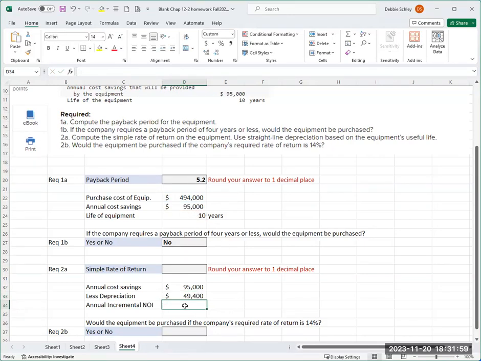And so my annual incremental net operating income is that minus depreciation, so 45,600. So again, simple rate of return is going to be equal to net operating income divided by the initial investment. So 9.2%. And remember, this is a percent rounded to one decimal place.